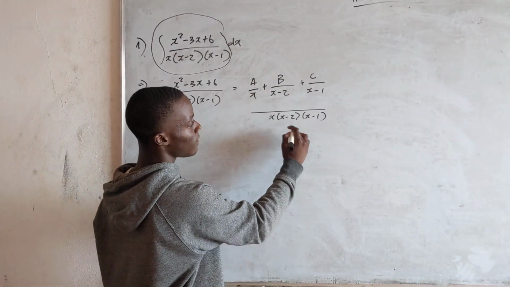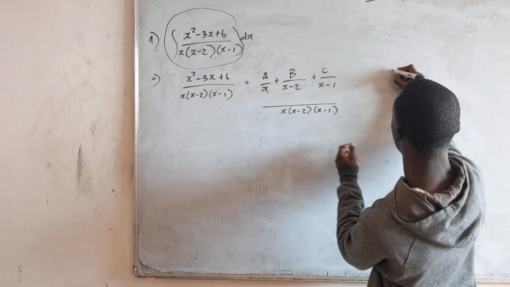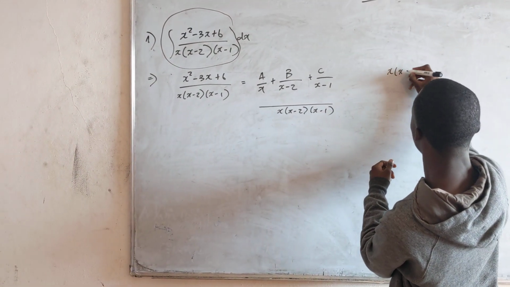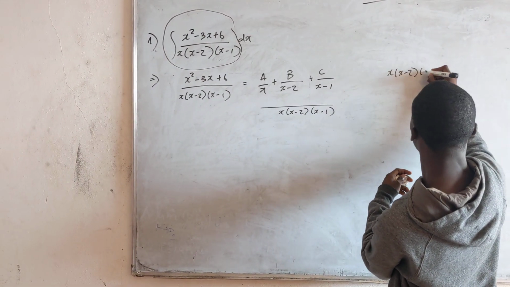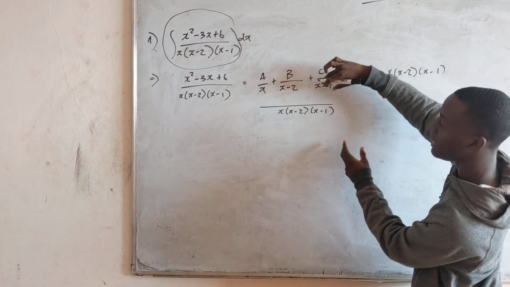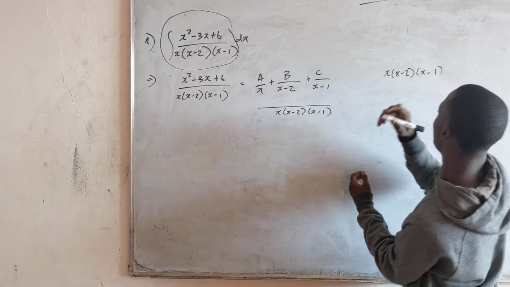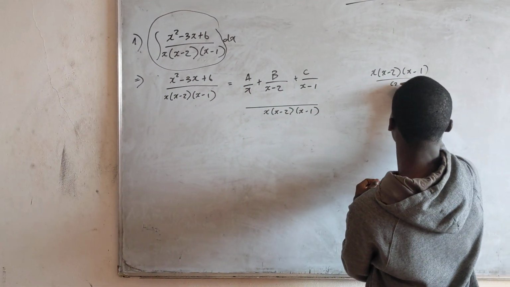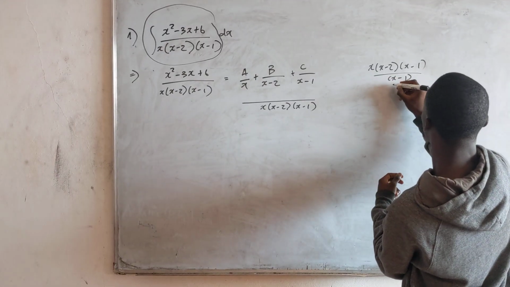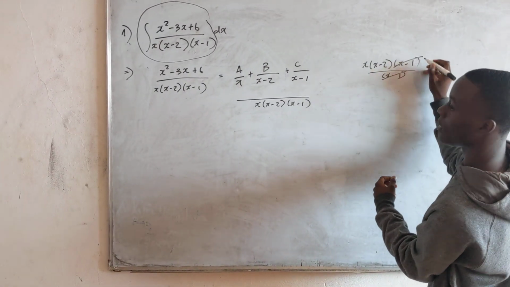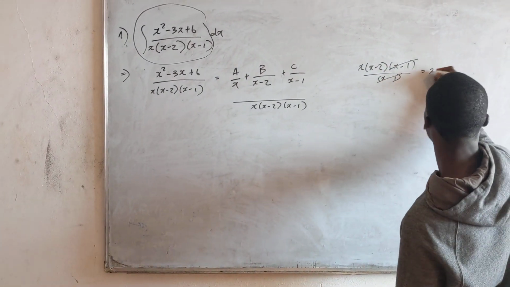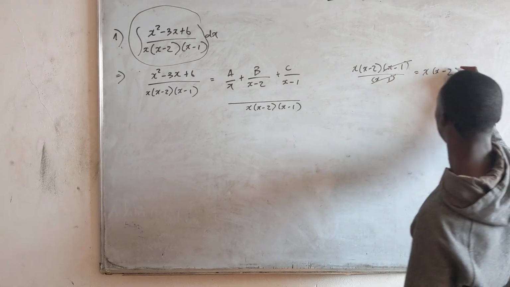This part, x into (x minus 2)(x minus 1) divided by x minus 1, the x minus 1 will cancel this. We are going to obtain x(x minus 2).